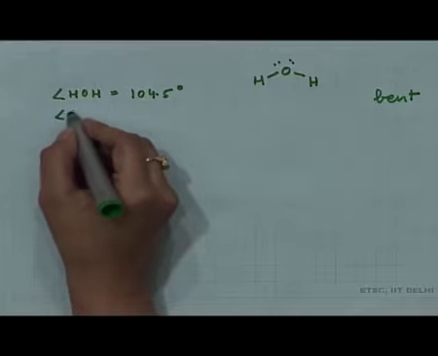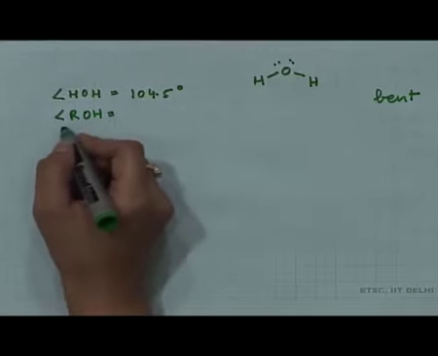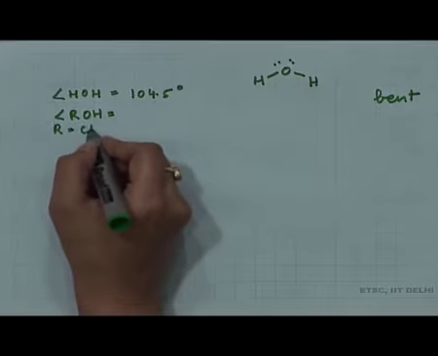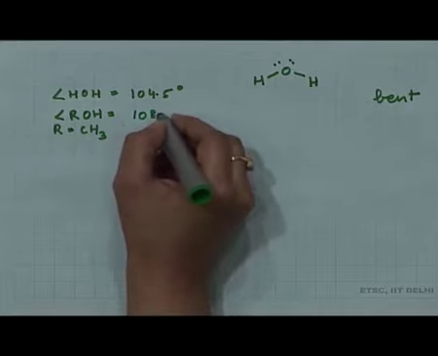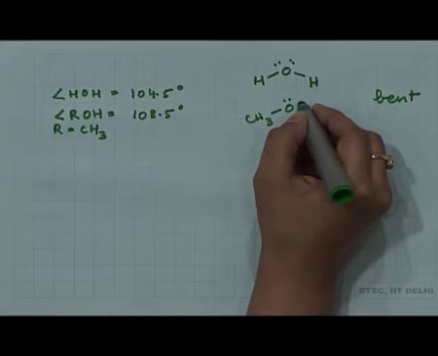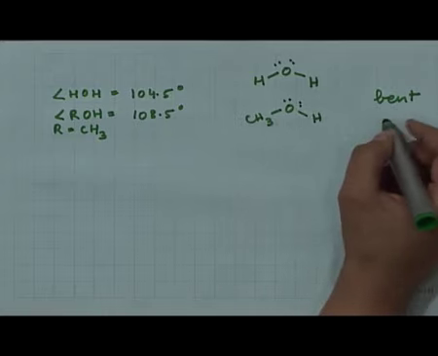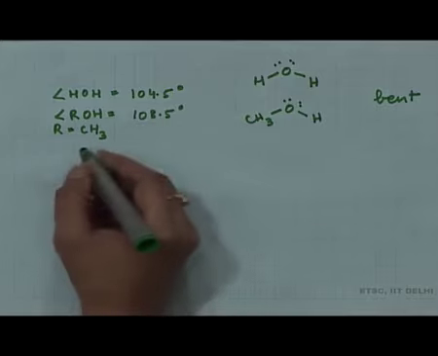You convert this to an alcohol, replacing one of the hydrogens by R, and when this R is a methyl, for example methanol, your bond angle changes to 108.5. So, for a methanol molecule, an alcohol which is again a bent molecule, the bond angle is 108.